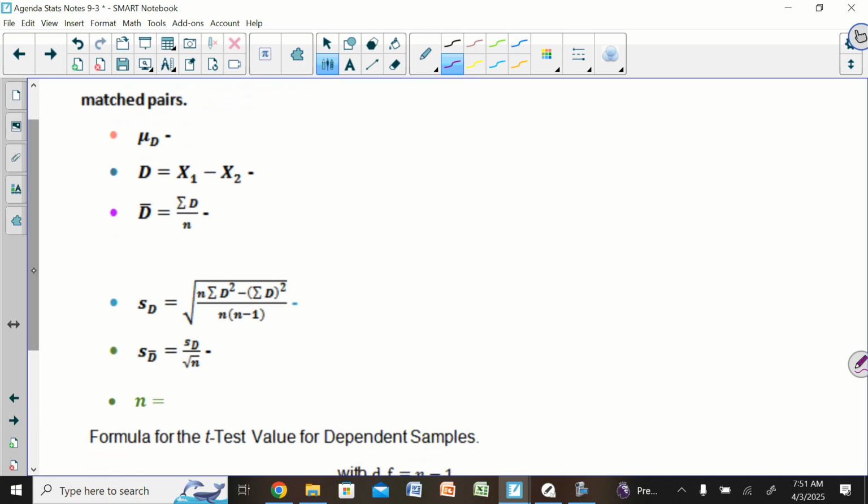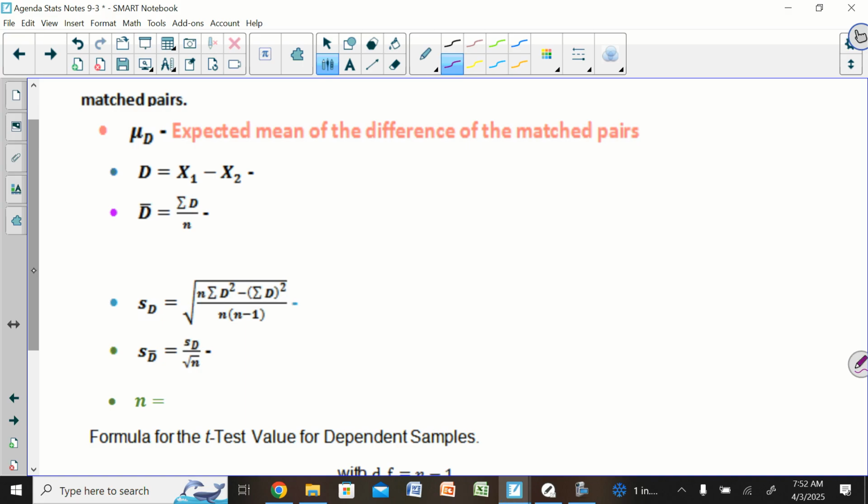So first of all, mu sub d. Well, the mu, we know that's mean, right? D is differences because we're looking at what's the subtraction from the before and after. Did we do better on the pre-test or the post-test? Those kinds of things. Because it's mu, it's the expected mean of the differences.